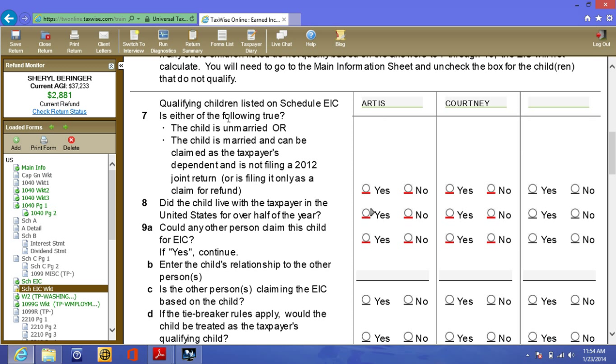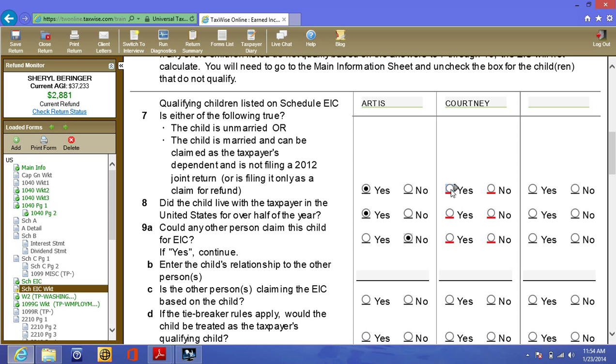Is either of the following true? The child is unmarried. So, yes, the child is unmarried. Did the child live with the taxpayer in the United States for over half the year? Yes. Could any other person claim this child for the earned income credit? No.